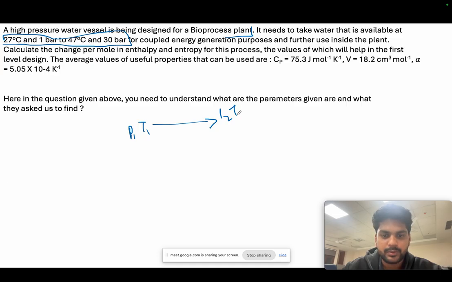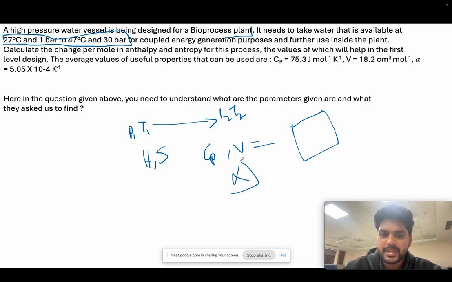They are asking to calculate the change in enthalpy and entropy, and they have given Cp, volume, and alpha.